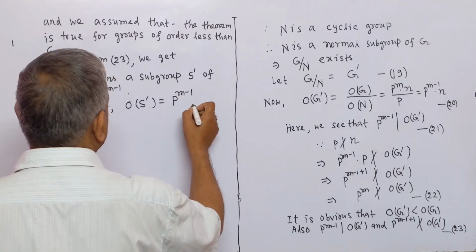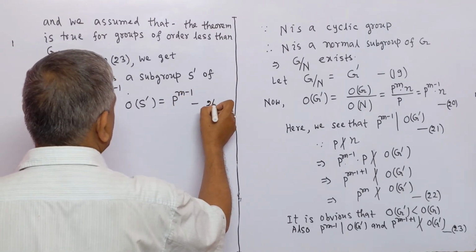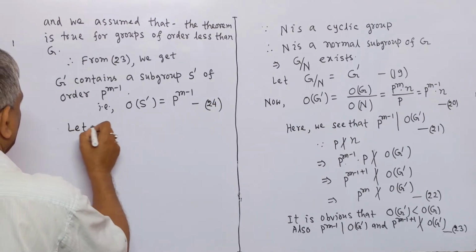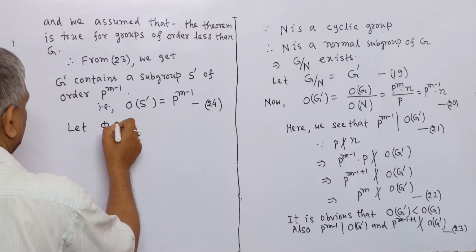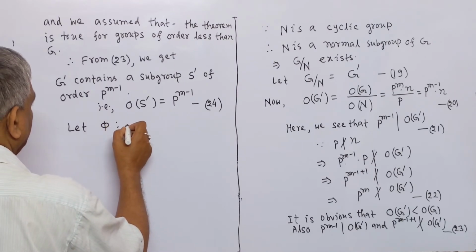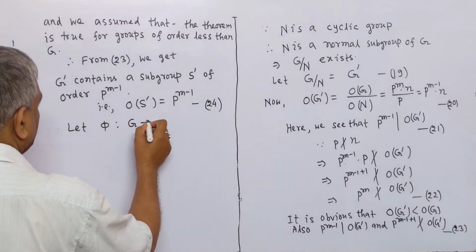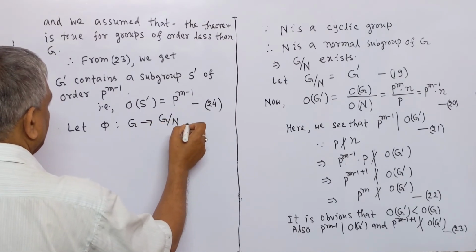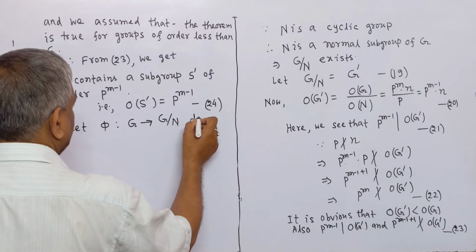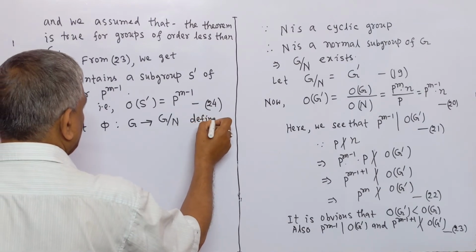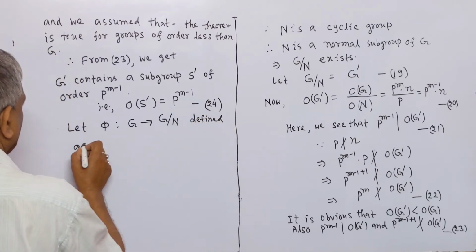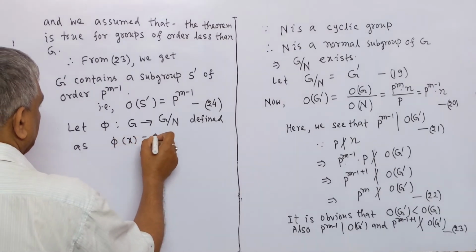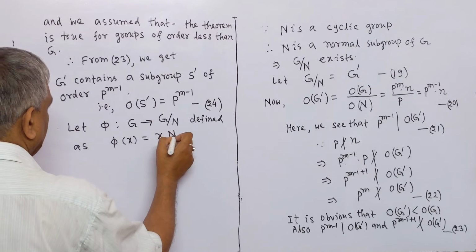This is number 24. Let phi be a mapping defined on G into quotient group G by N, defined as phi x equal to xN.